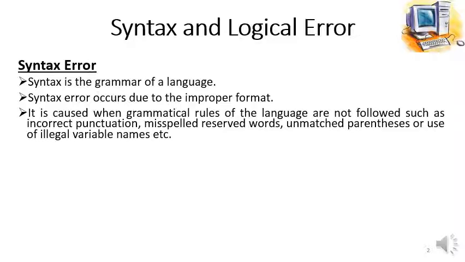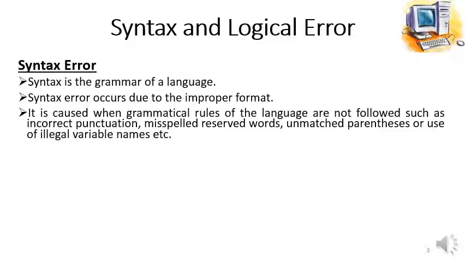It is caused when grammatical rules of the language are not followed, such as incorrect punctuation, misspelled reserved words, unmatched parentheses, or use of illegal variable names. Like in the previous lesson, we said that reserved words cannot be used as variable names.